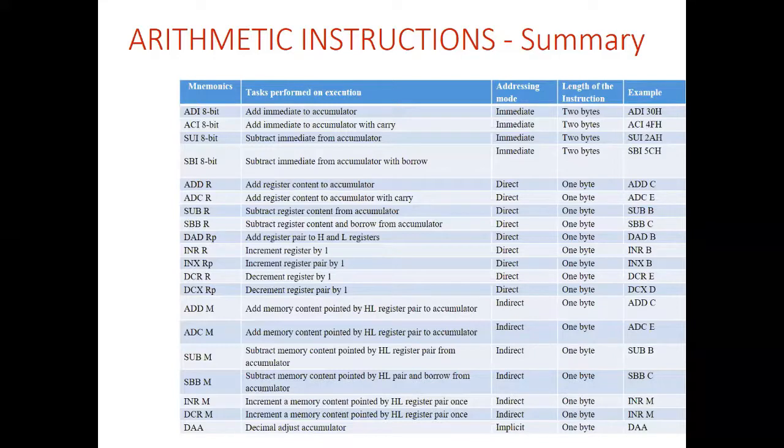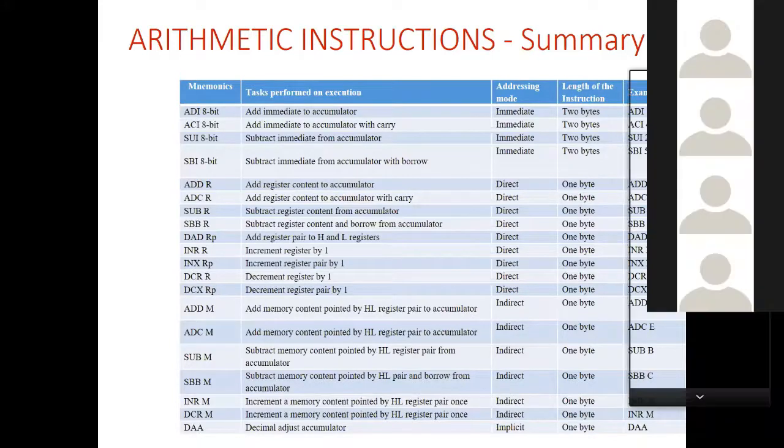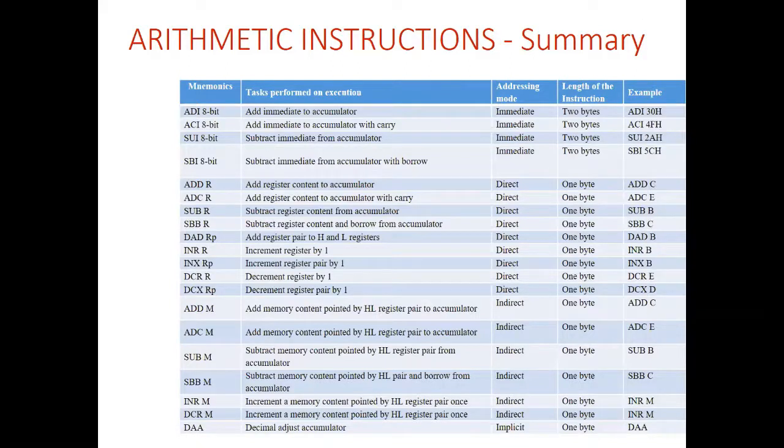In the same way, DCR is used for the decrement operation. If it is written as DCR E, and assume the E register holds a data byte like 11, then the new content of E will be 10. The content will be decremented by 1.